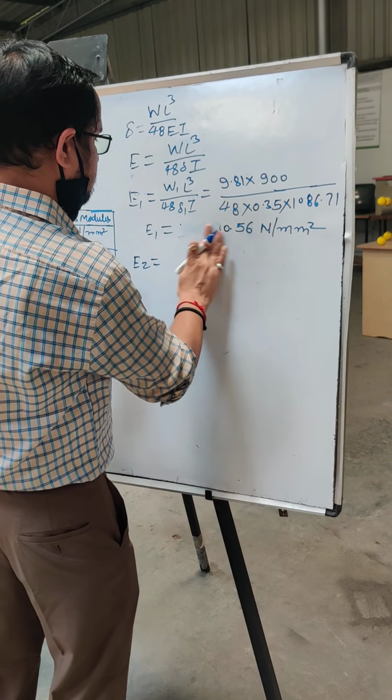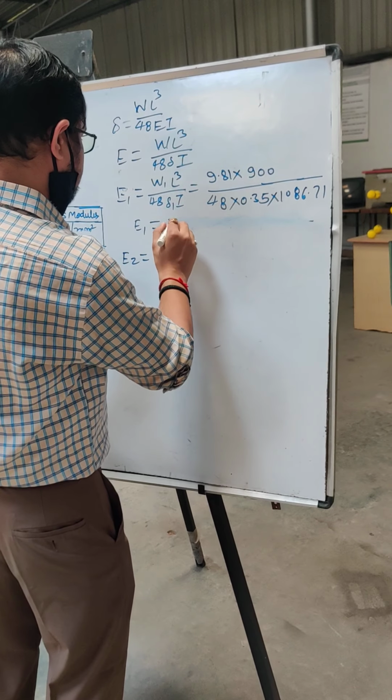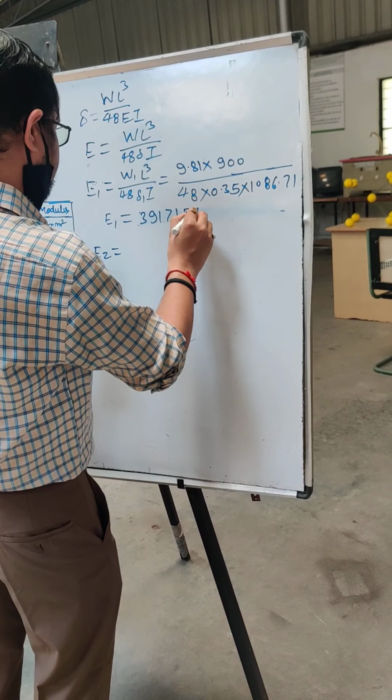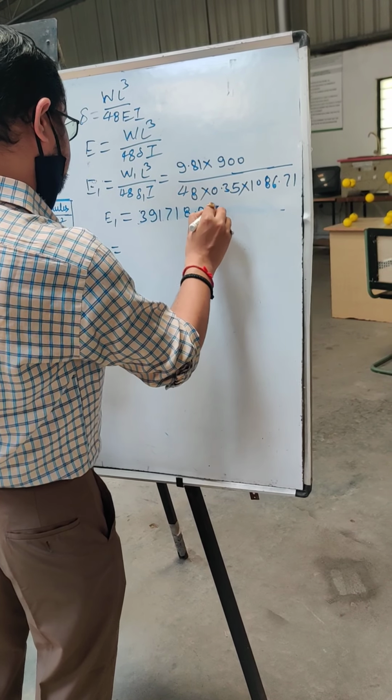Sorry, this answer is wrong. The correct answer is 391,718.06 Newton per mm square.